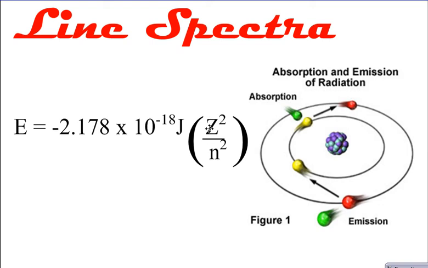Nuclear charge is simply how many protons there are. So for hydrogen it's 1, helium 2, lithium 3. Energy level: are we talking about first energy level, second energy level, and so on.